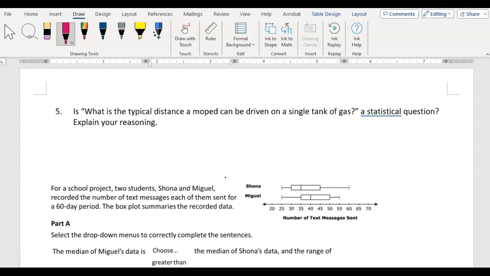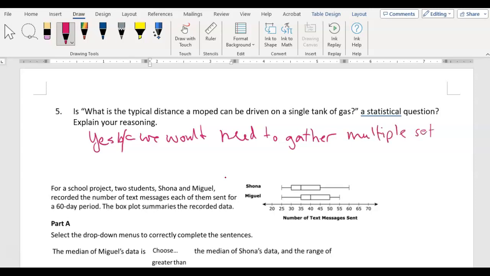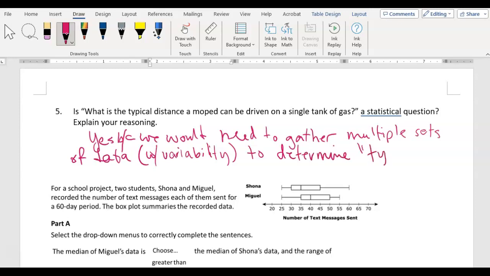I'm going to say yes, because we would need to gather multiple sets of data with variability to determine a typical distance, right?